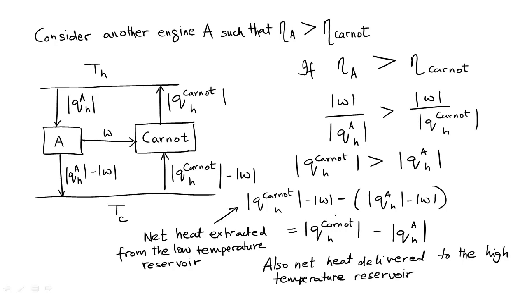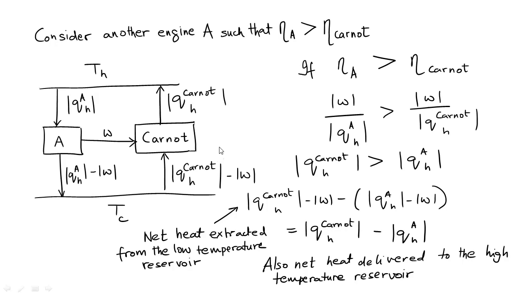This implies that there is a net positive quantity of heat extracted from the low temperature reservoir and delivered to the high temperature reservoir. And it further implies that the effect of this self-contained machine is that it transfers heat from the cold to the hot reservoir without any external work. This is in violation of the postulate that heat cannot be made to flow from a cold body to a hot body by a device which does not need any work input.